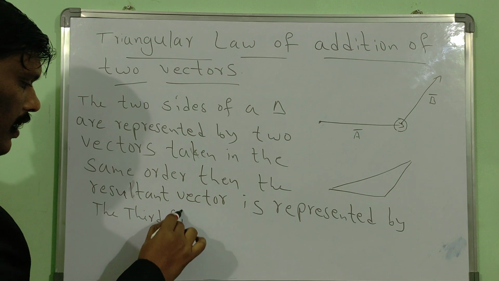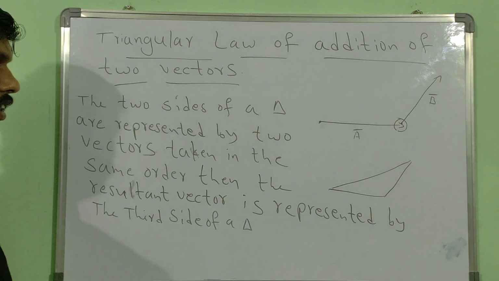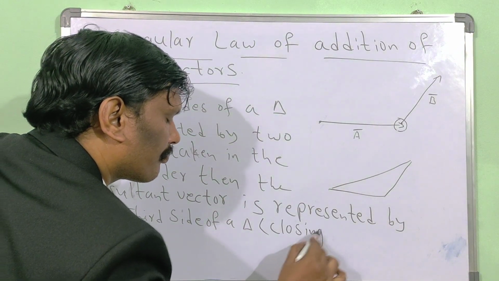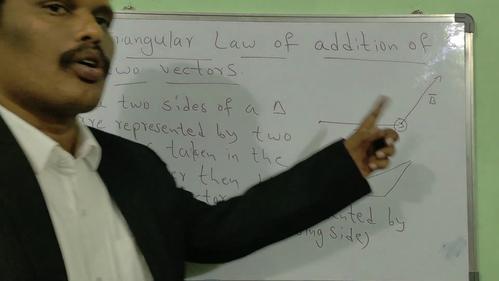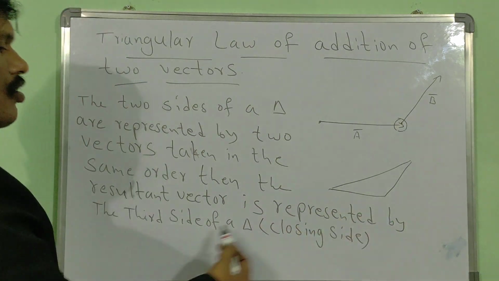The third side of a triangle is also known as the closing side. Third side of a triangle is nothing but the closing side. So the resultant vector is represented by the third side of a triangle.